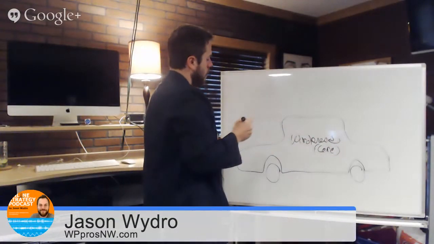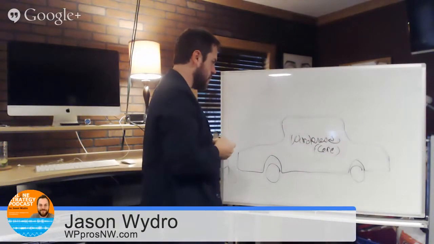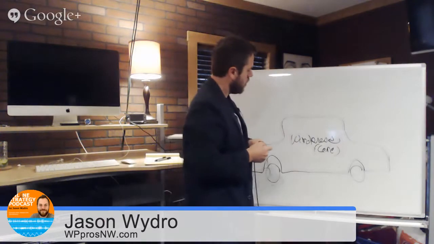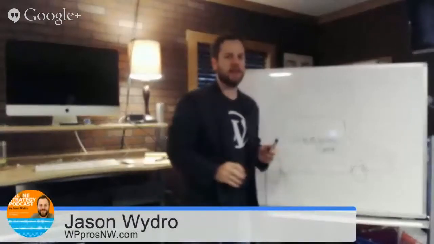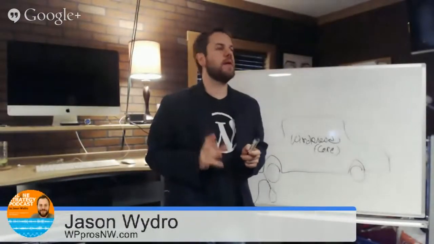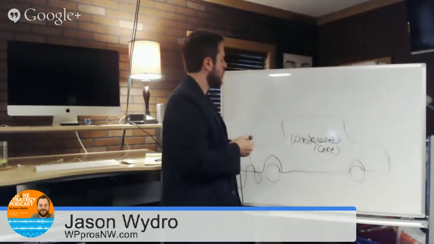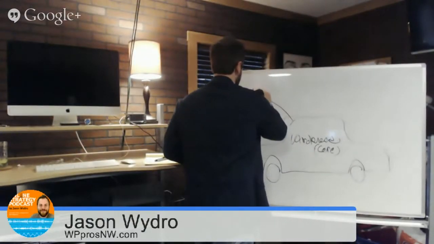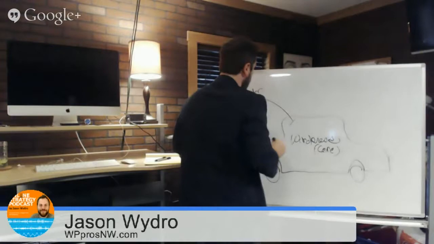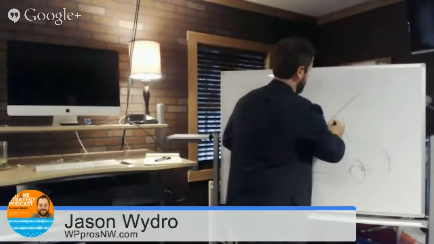Now, let's say that this automobile is fantastic as it stands, and it's everything you want it to be, but you know what? You want it to be a certain color. You want a specific functionality.